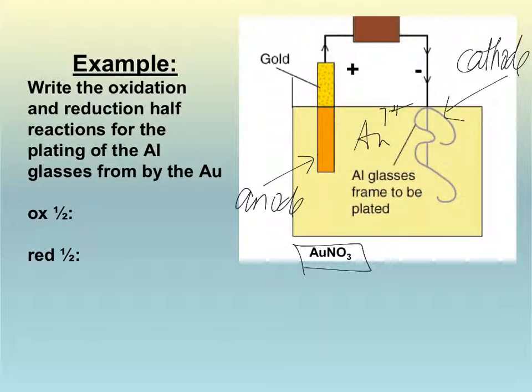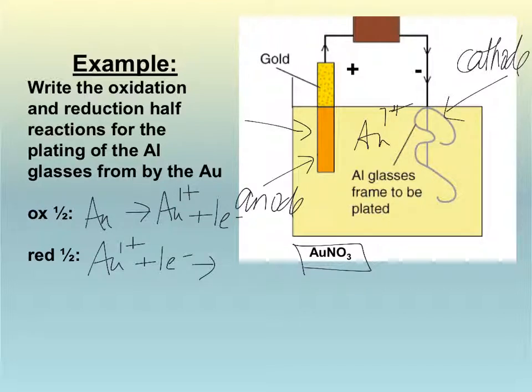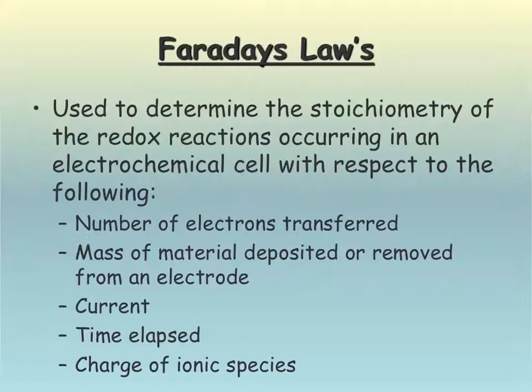The oxidation reaction is occurring over here on the anode. These golds are losing electrons, losing one electron. And then the reduction is when we're taking those gold ions that are in solution and gaining electrons, becoming the gold metal, which is plating onto the aluminum frame.